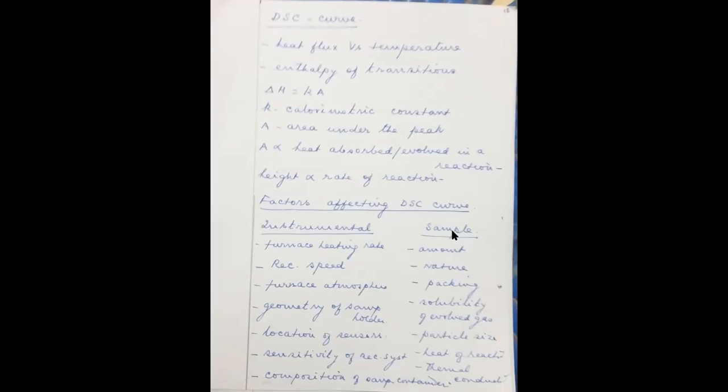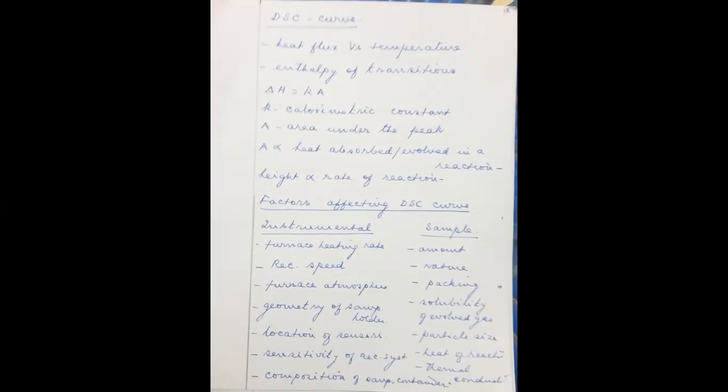Taking the sample into consideration: what is the amount of the sample taken, what is the nature of the sample, what is the packing. If it is closely packed, then that will show a difference. And also the solubility of the evolved gases. Suppose the substance undergoes some decomposition and gas is evolved, that evolved gas may get dissolved in the sample itself.